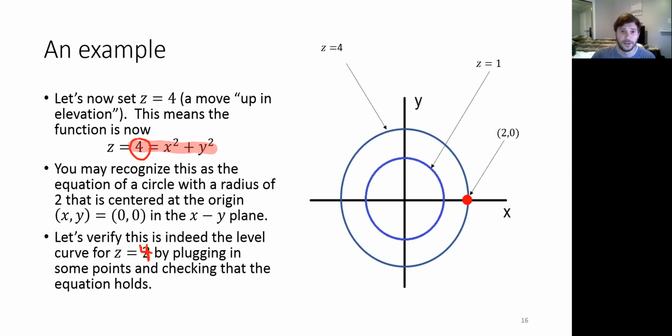We could even think about drawing more levels. Right here is one where we've also included the elevation level z equals 9. So this is the entire contour plot for this function. We get a series of these concentric circles, and these rings can help us. If I know where I am on this map, I can figure out which direction I would need to move if I wanted to move up the function to higher elevation or down the function to lower elevation.